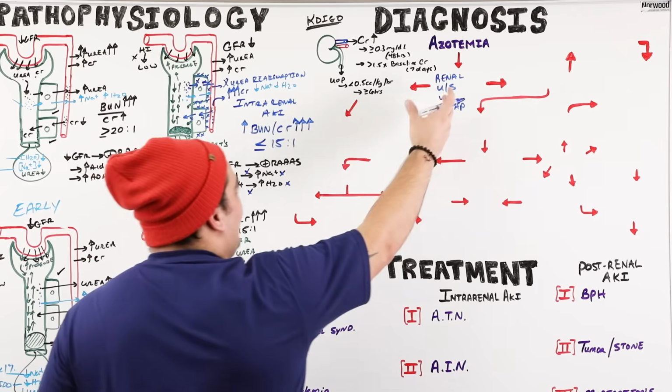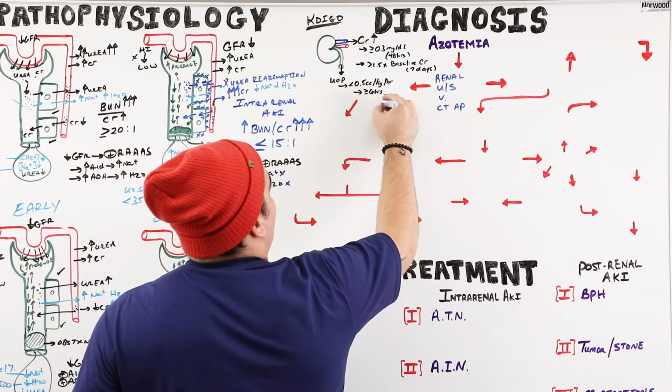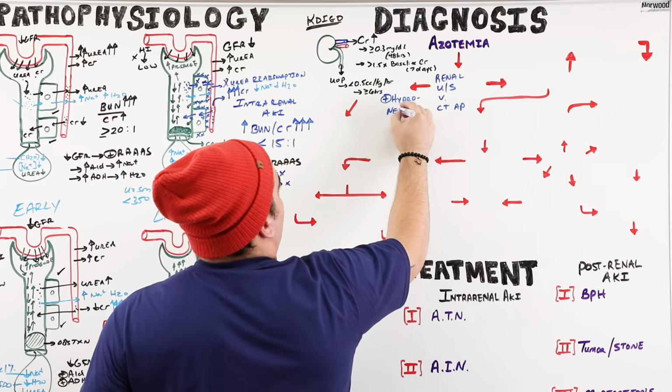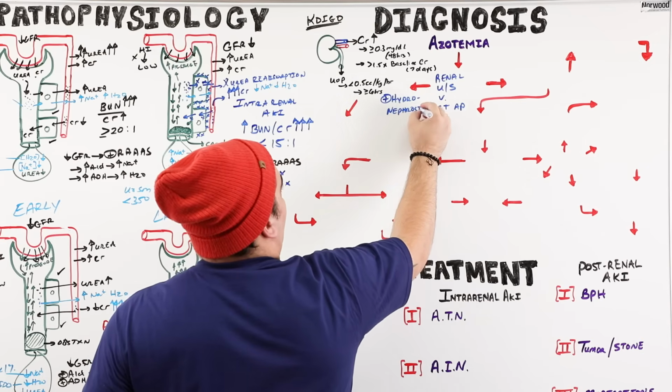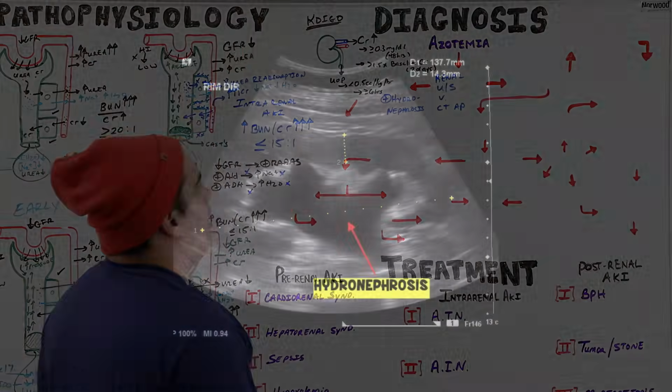So let's say that I got a renal ultrasound or a CT of the abdomen and pelvis. And when I did, I see that the person had some hydronephrosis. In other words, it looked like their kidney was ballooning up. And we'll take a look at an image of a hydronephrosis in a second.